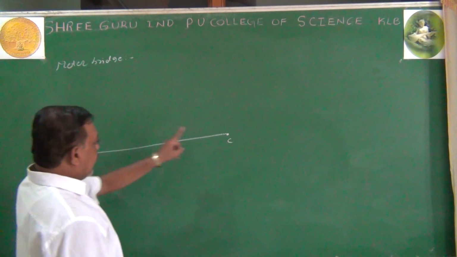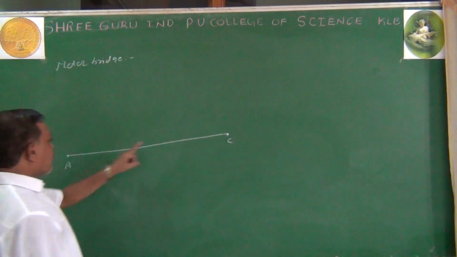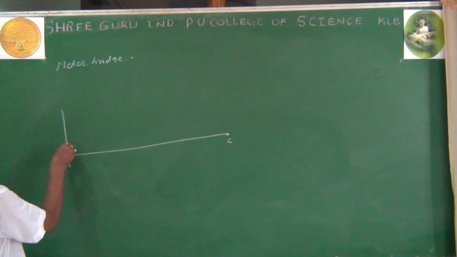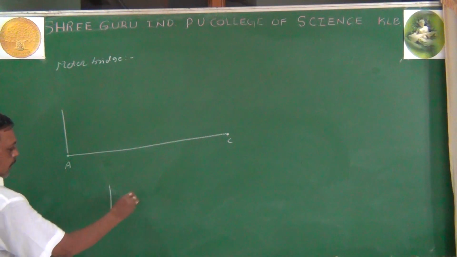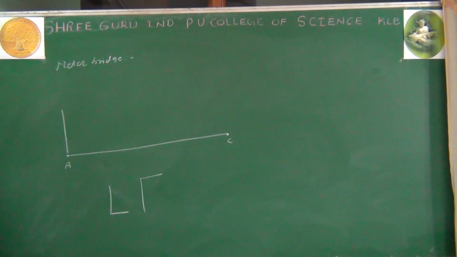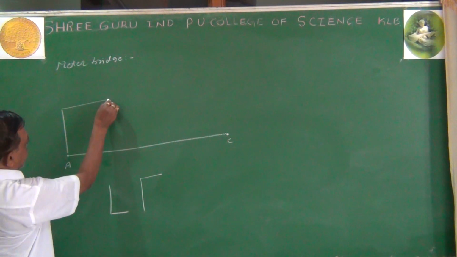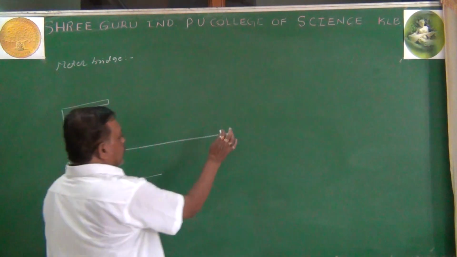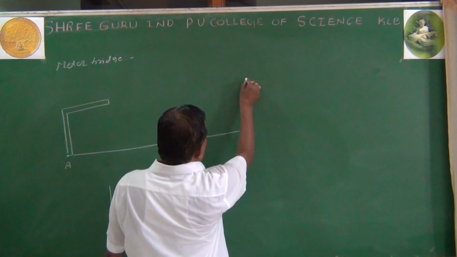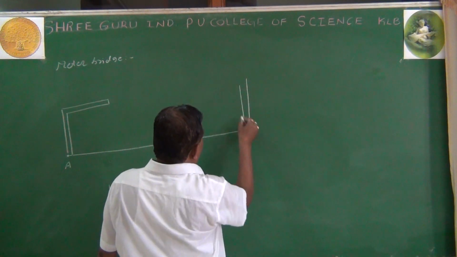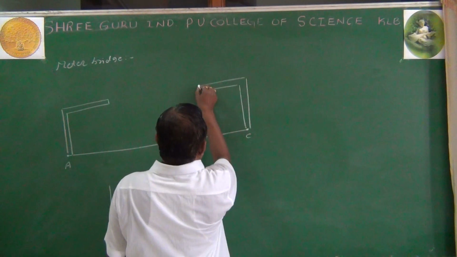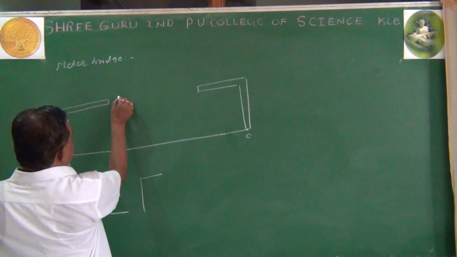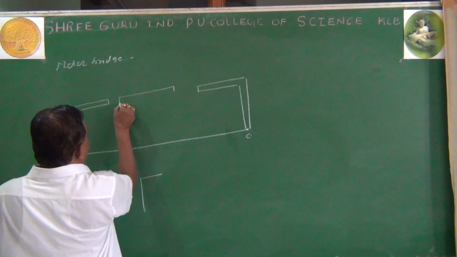The two ends of the wire A and C of a meter bridge have the length 1 meter, and there are two inverted L-shaped metallic strips provided at each end, A and C. In between, there is a straight strip, which makes two gaps.